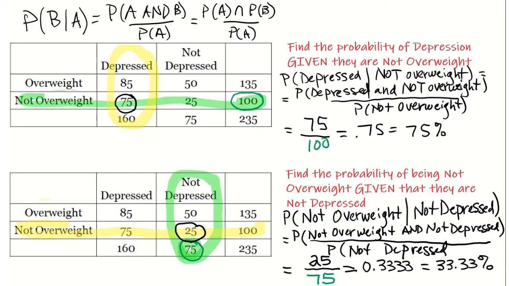So that tells me if someone identifies as not being depressed, there is a 33.33% chance they will also identify as not being overweight.